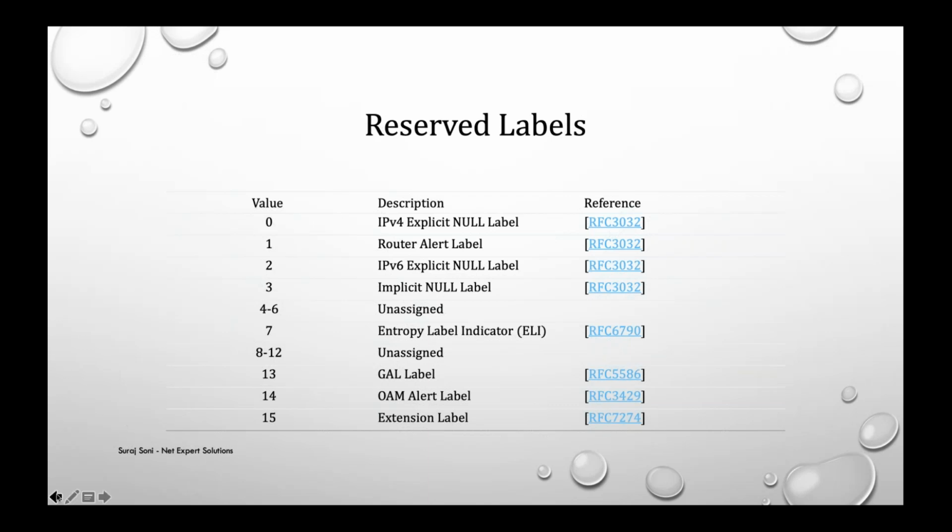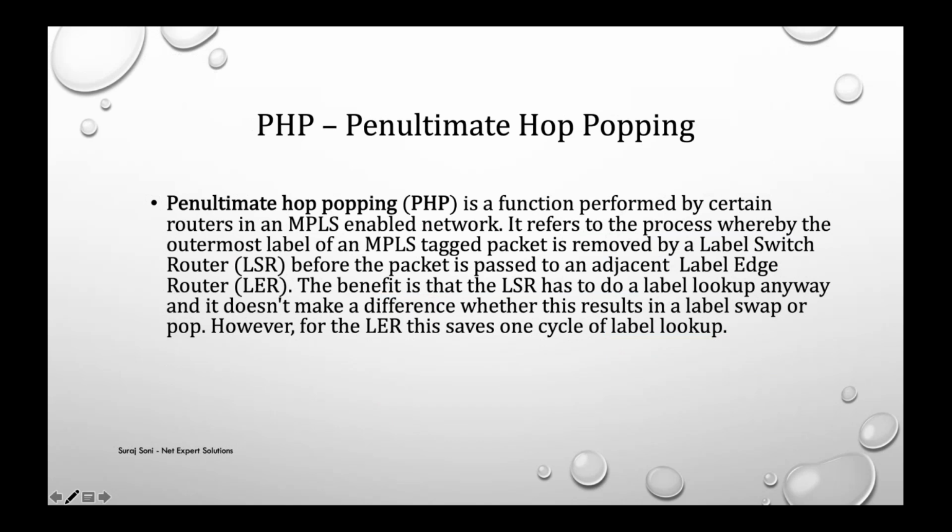The important ones you need to know are the explicit null label and the implicit null label. Implicit and explicit are clear by their names. Implicit is something which is used automatically, and explicit is something for which we have to make changes. Let's proceed to the next slide, then I will explain this better.